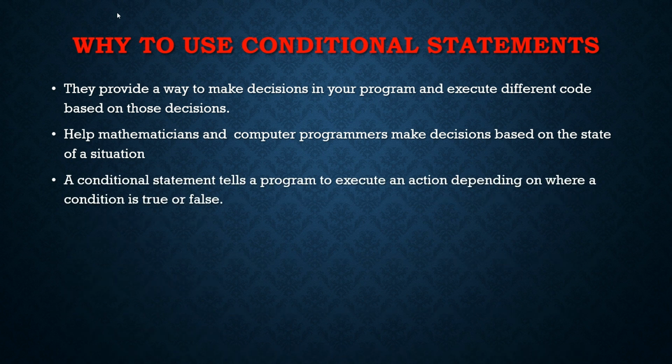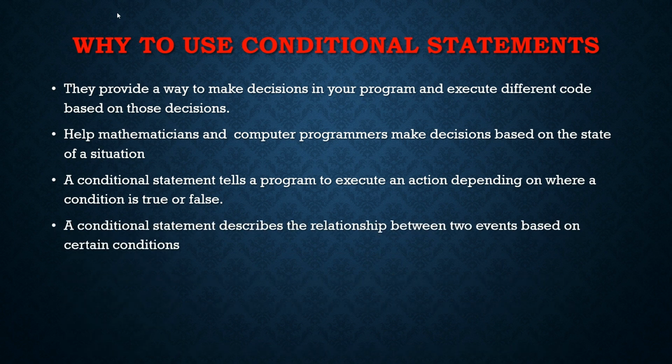A conditional statement tells a program to execute an action depending on whether the condition is true or false. The conditional statement describes the relationship between two events based on certain conditions. It means they allow you to make decisions and execute different blocks of code depending on whether certain conditions are true or false.